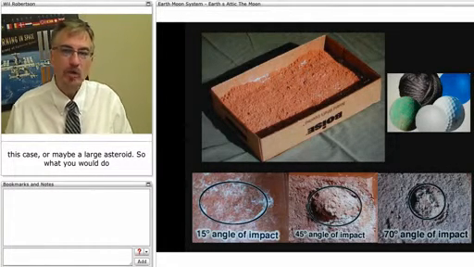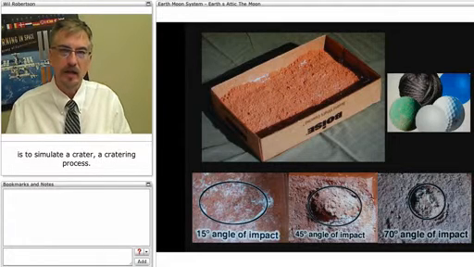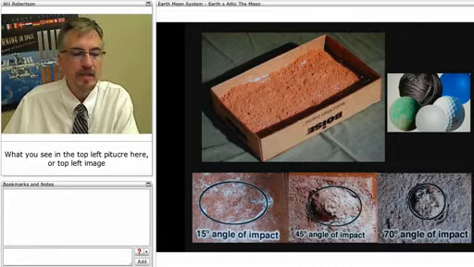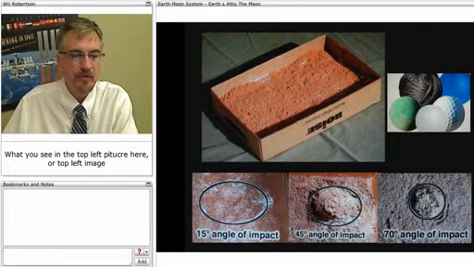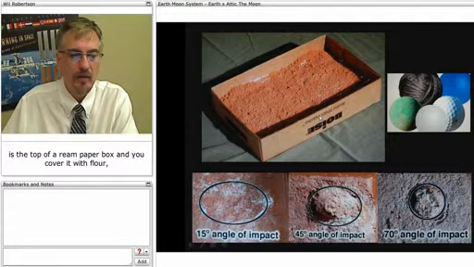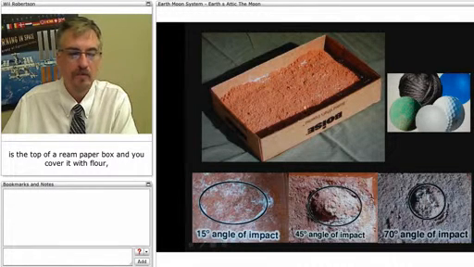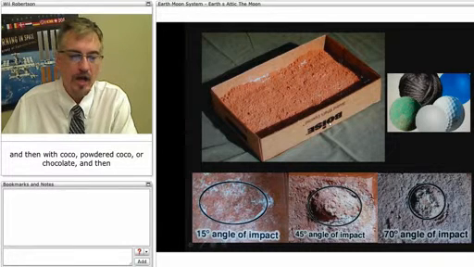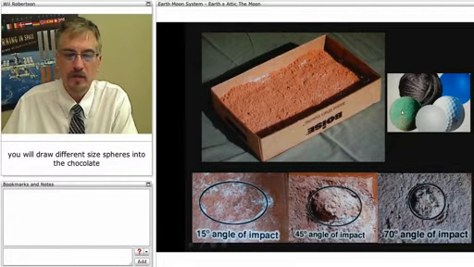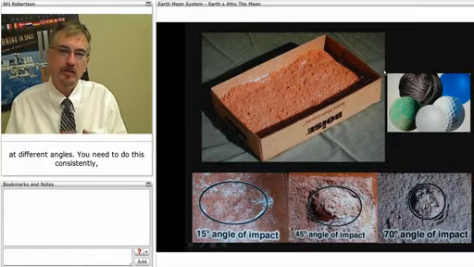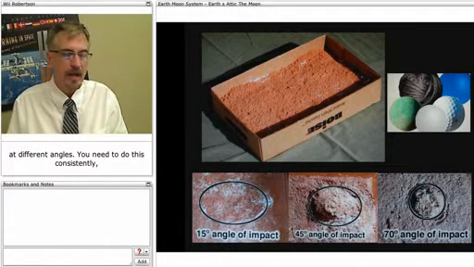So what you would do is simulate a cratering process. What you see in the top left image here is the top of a green paper box, and you cover it with flour, and then with powdered cocoa, and then you drop different size spheres into the chocolate at different angles, and you need to do this consistently.